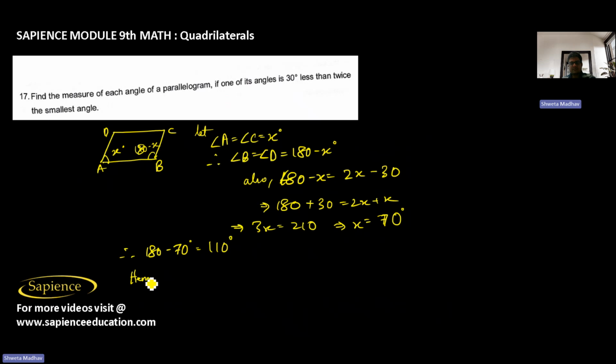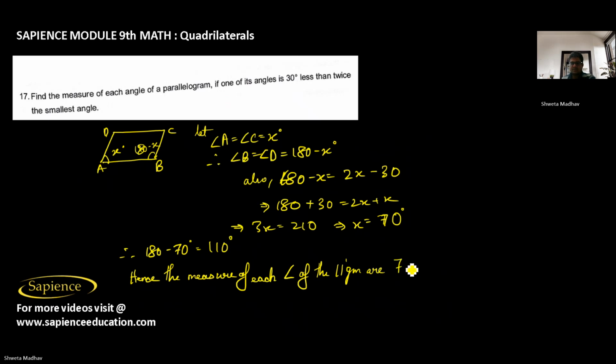Hence the measures of each angle of the parallelogram are 70 degrees, 110 degrees, 70 degrees, and 110 degrees respectively.